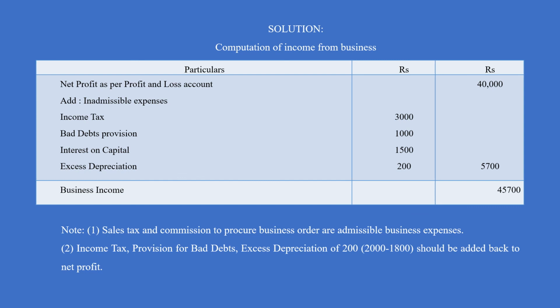That is why from the net profit of the company, you're adding back all the unwanted expenses that you have already deducted in the profit and loss account. You're going to add back what does not belong to the business income. So if you add it back, you'll get the income of the business alone and not the income of all the things put together. You understand? So business income alone is going to be 45,700.